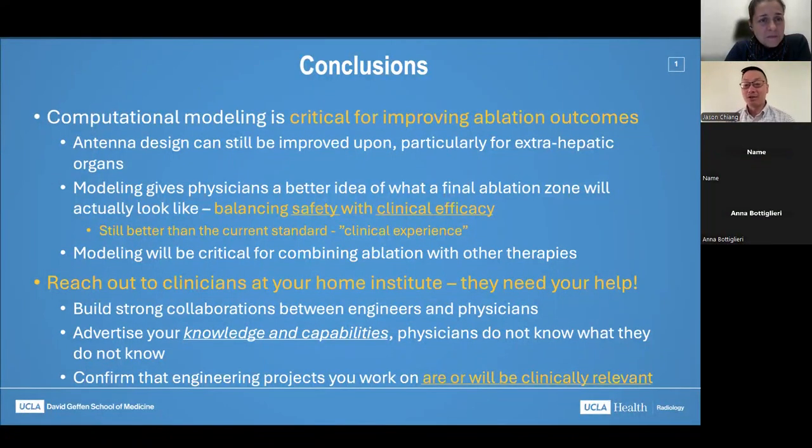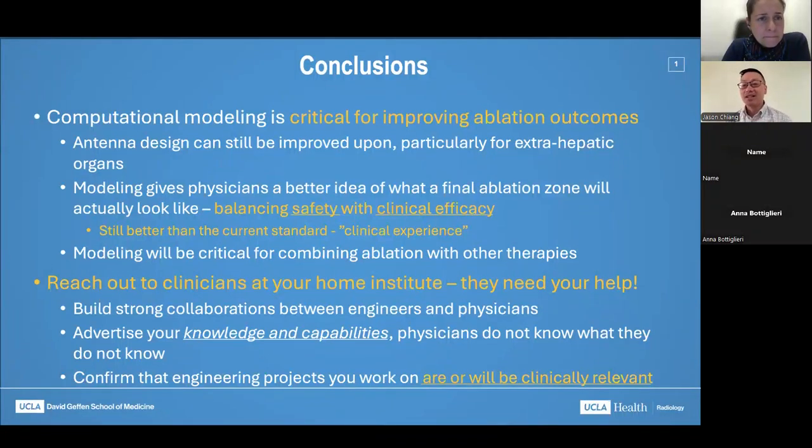And I guarantee you, most physicians, when they hear that, will say, oh, you're probably right, we don't actually know. But the problem is that these ablation companies are advertising to the clinicians, so the clinicians don't know better. Myself, I always tell the microwave ablation companies, hey, you need to have better characterization.